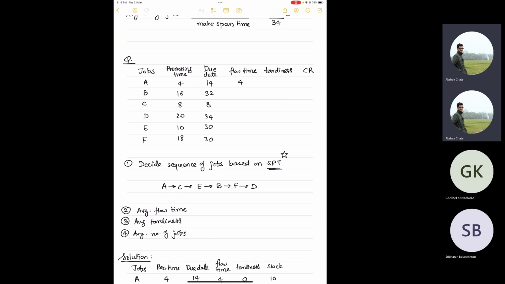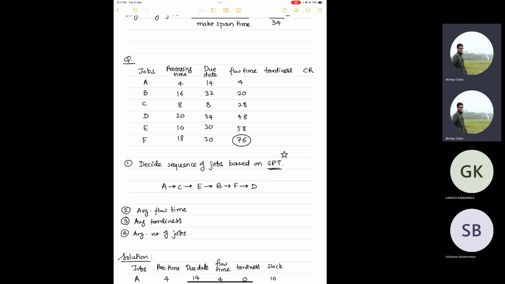So flow time is 4, then it will become 20, 28, 48, 58, 76. The point is, makespan time will remain the same for any criteria that you use, because you are just reshuffling. Whatever processing time is there, the total will be the same. So 76 again.